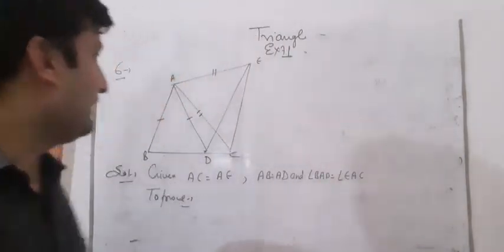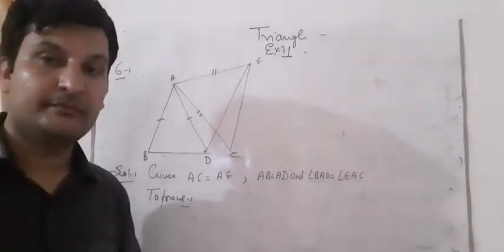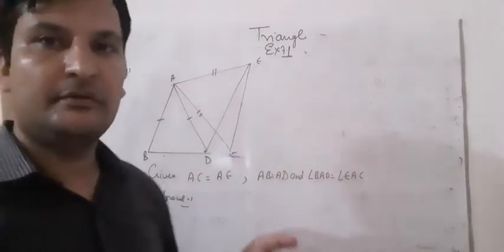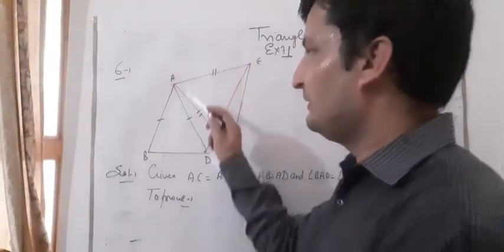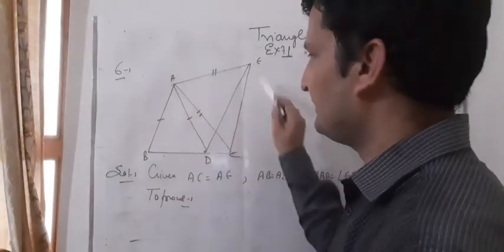Students, now I have drawn this figure here for question number 6, because it takes much time to make these figures. The figure is already given in your book, so I have made it here. Here ABCD is a quadrilateral, ABCE is a quadrilateral, like this.